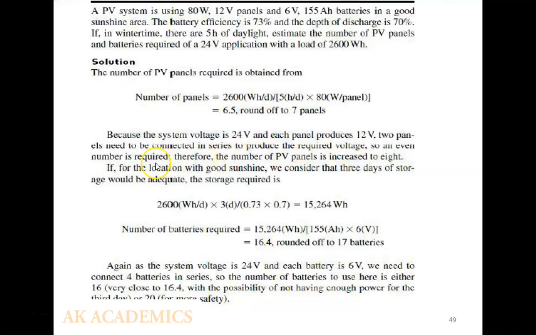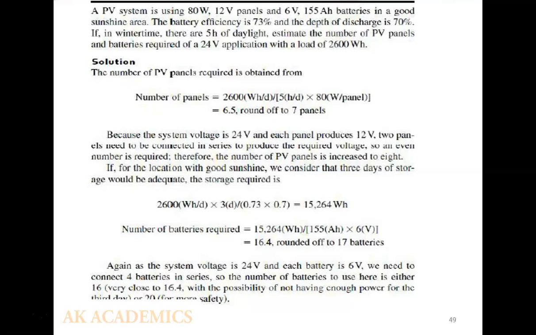So 2 panels need to be connected in series to produce the required voltage. This would mean that an even number is required. Therefore, the number of PV panels is increased to 8. This is very important. Don't forget, we had initially calculated that we need 6.5 panels, and we said we cannot have half a panel.